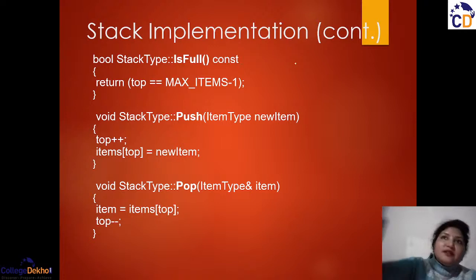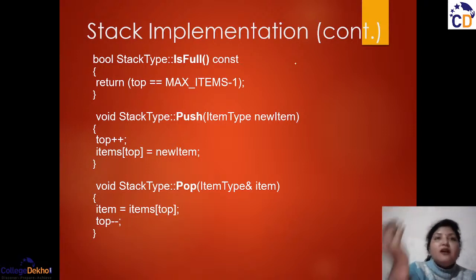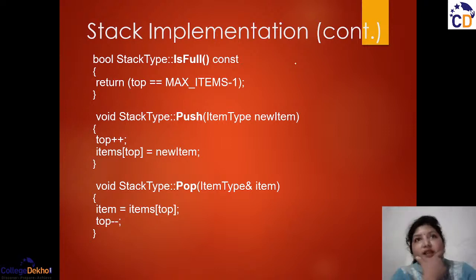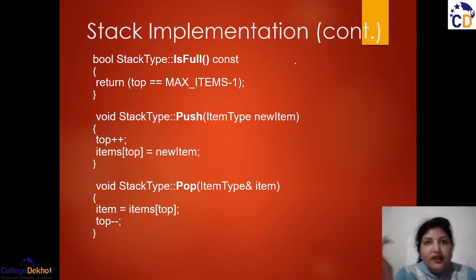When you insert elements into the stack, it should be at the top of the stack, and when you remove an item from the stack, it should also be from the top. So basically we are maintaining a pointer that points to the top of the stack. It is doing everything in this program, right?